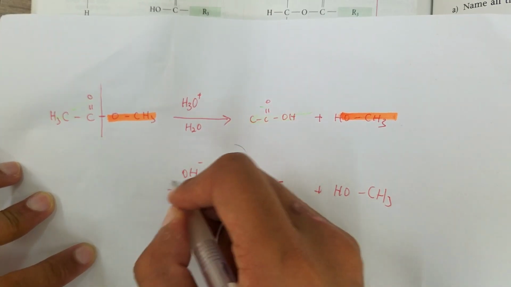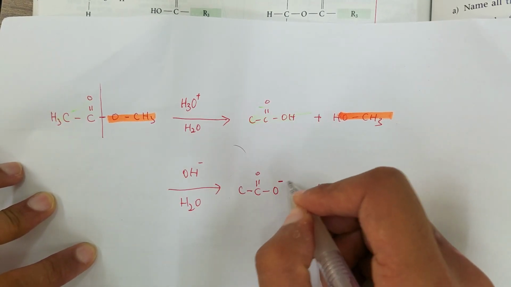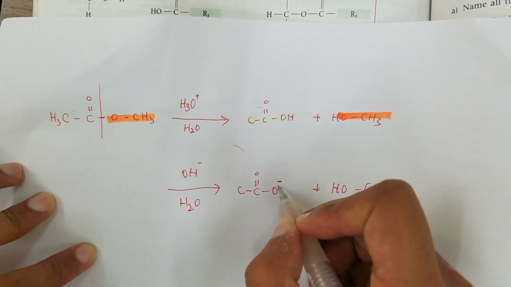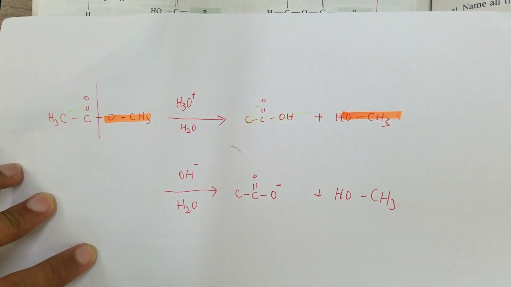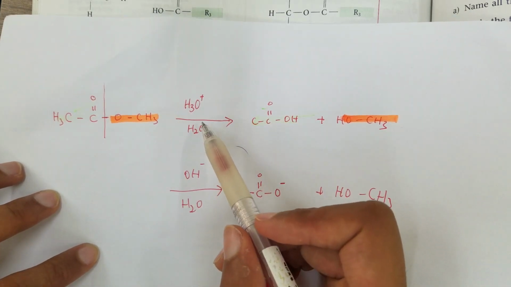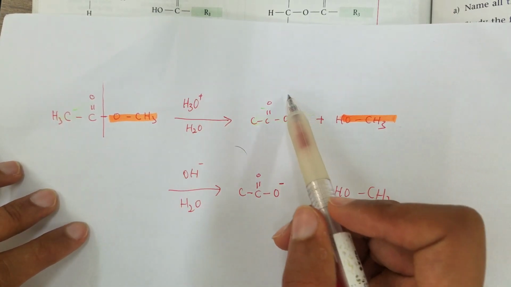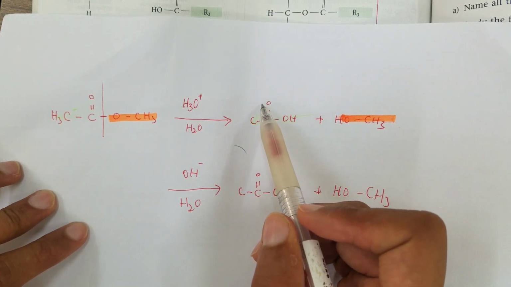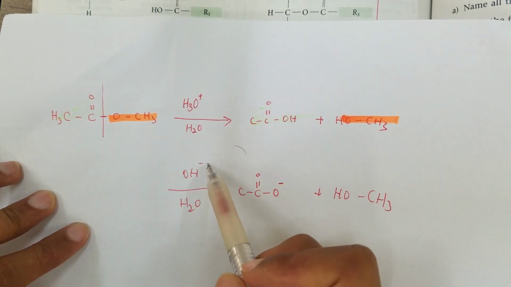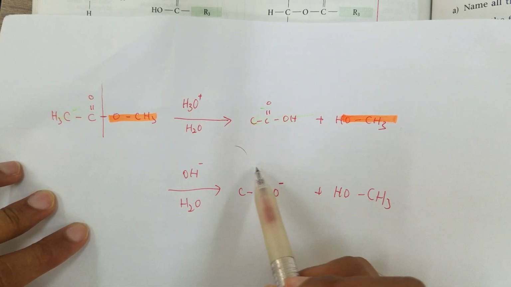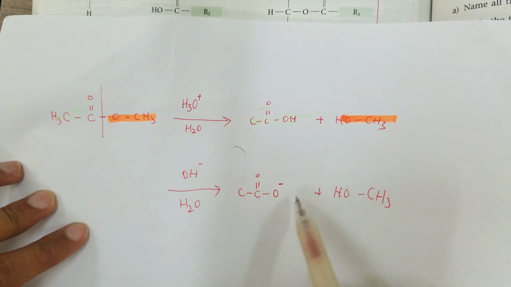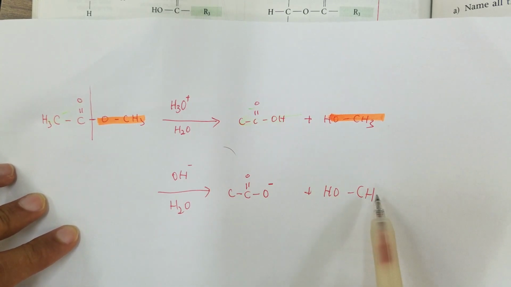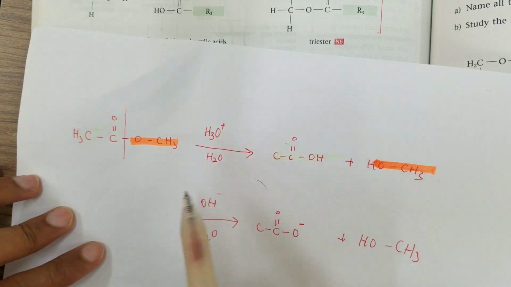Depending on the cation over here, we can just add it, but since we don't know, we just write COO negative. So that's the major difference. If I add acid, I get a complete carboxylic acid. But if I add alkali, I will not get an acid. I will get the salt, but I will still get the alcohol. So put a star over here and make a note.